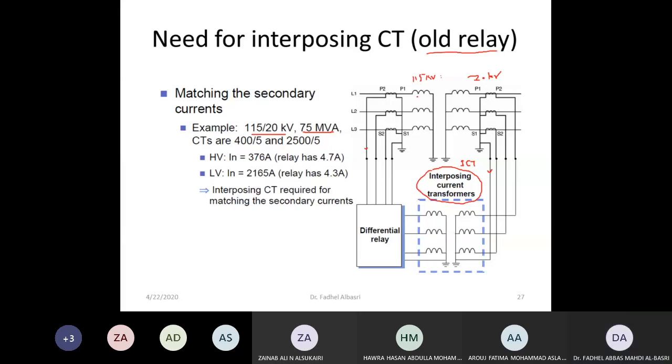And now to choose these CT ratios, I have to find the rated current at the primary, I nominal 1, and the rated current at the secondary, I nominal 2.